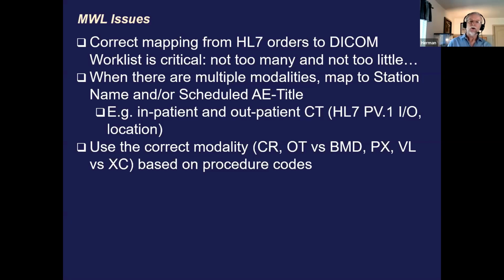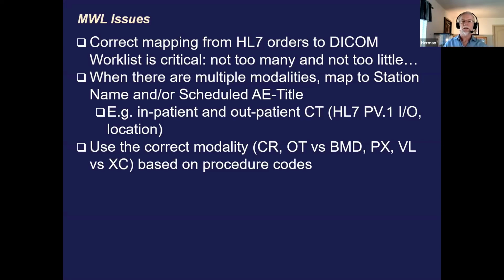So how do we know, for example, if you have a procedure for radiology, and the procedure code says this is bone mineral densitometry, like a DEXA scan? Based on the procedure code, I can map it to BMD. If it is a dental procedure code, I can map it to PX.